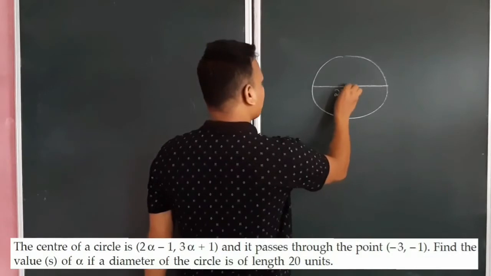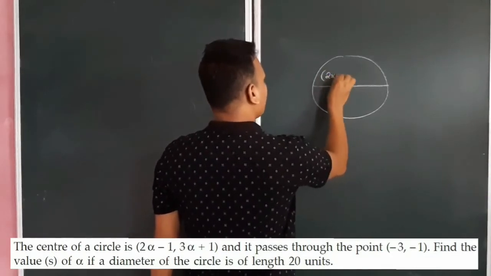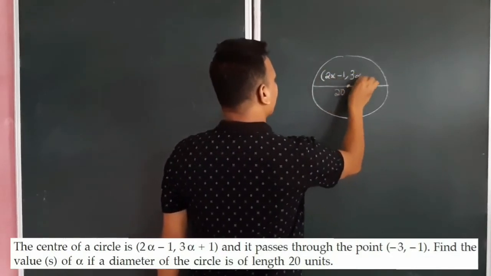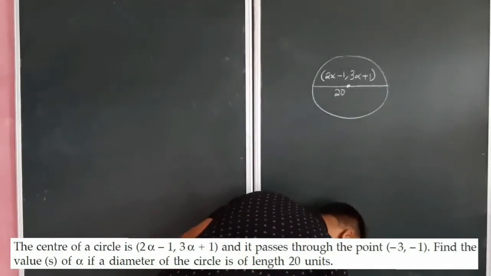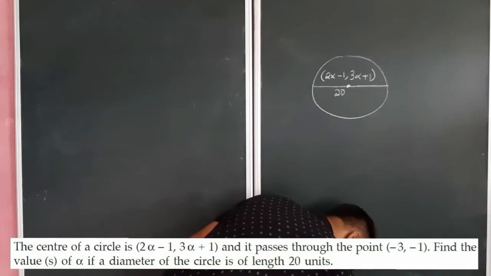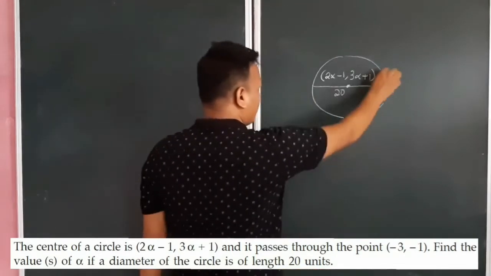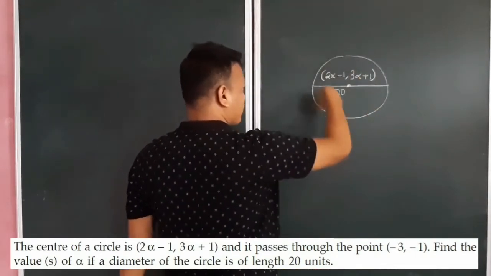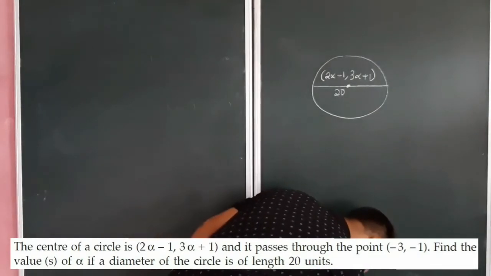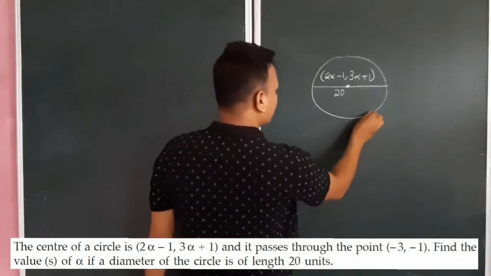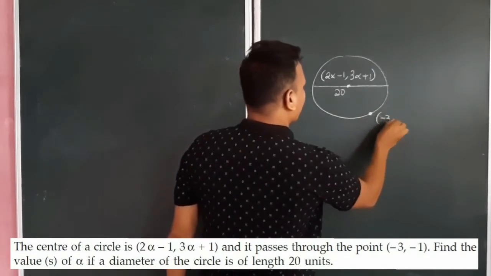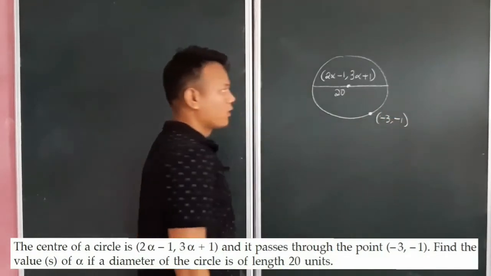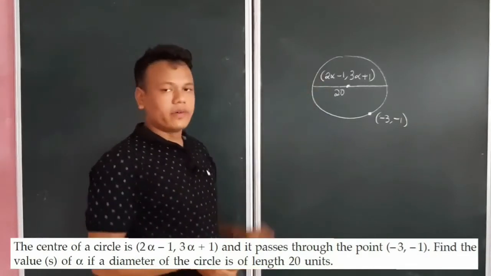So this is my center, and we have a point exactly on the circumference, and the point given here is (-3, -1). Here we need to find the value of alpha.